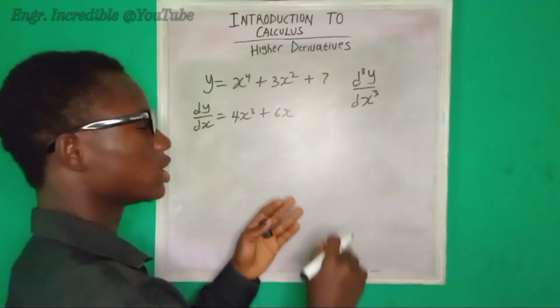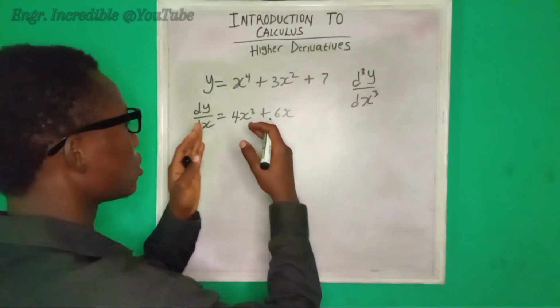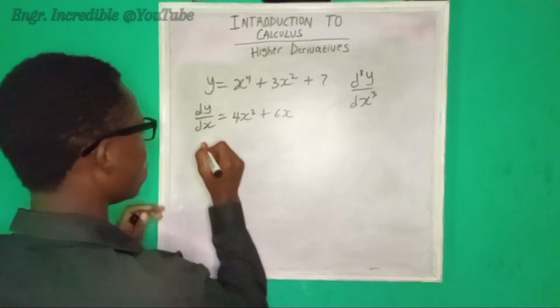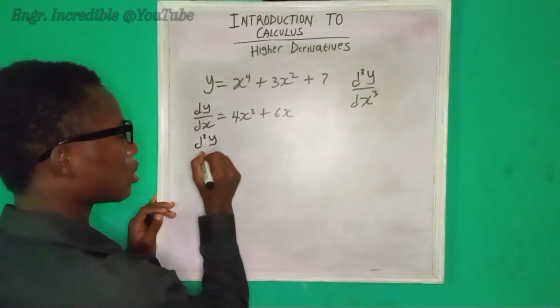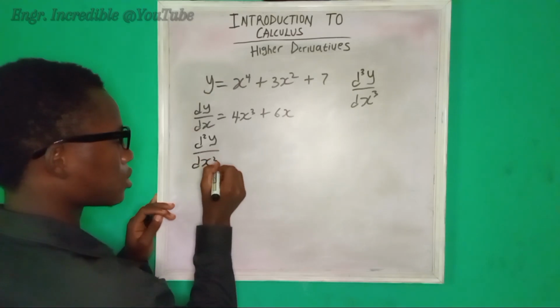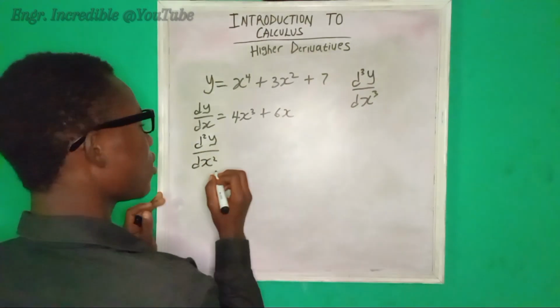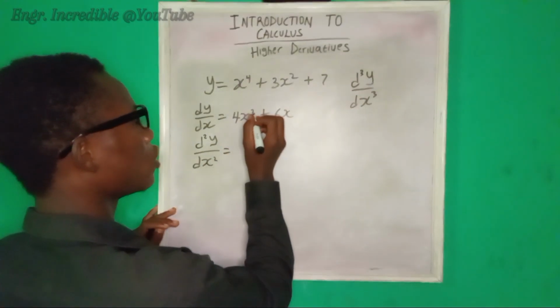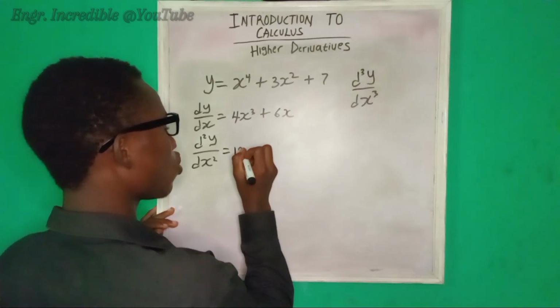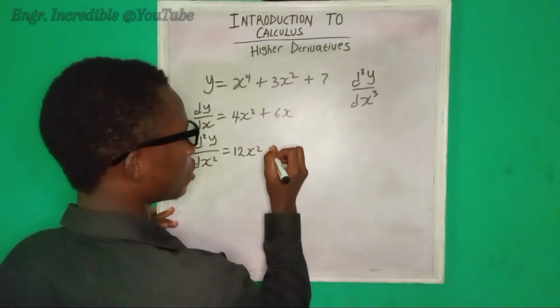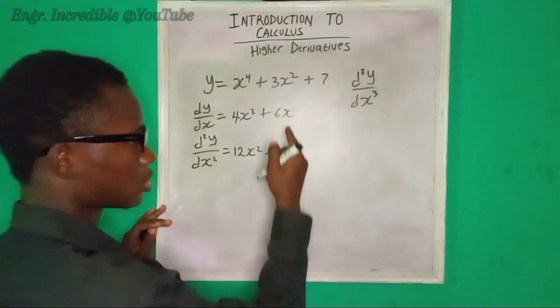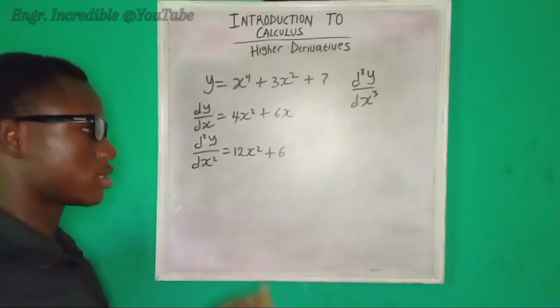After looking for dy/dx, the next step is to differentiate this again in order to get d²y/dx². So d²y/dx² equals, differentiating this, 12x² plus 6. So this is how we are going to have it.